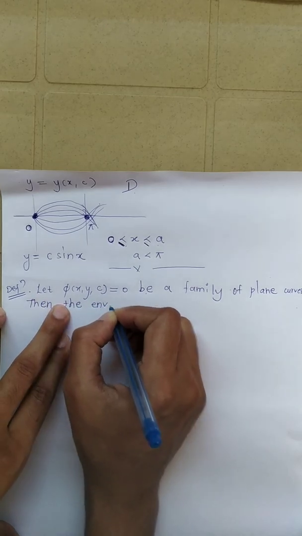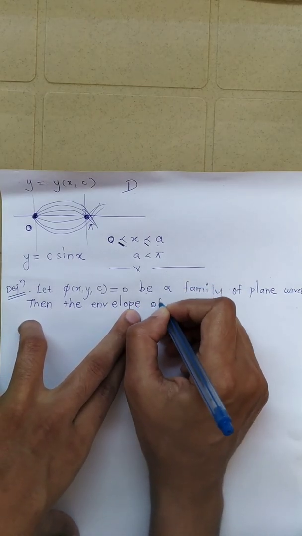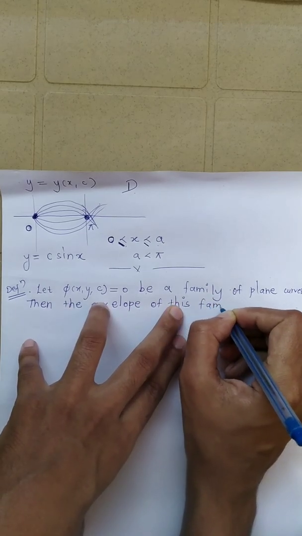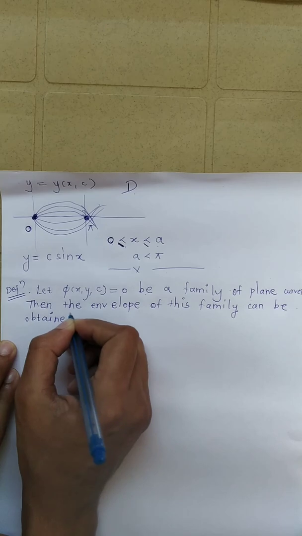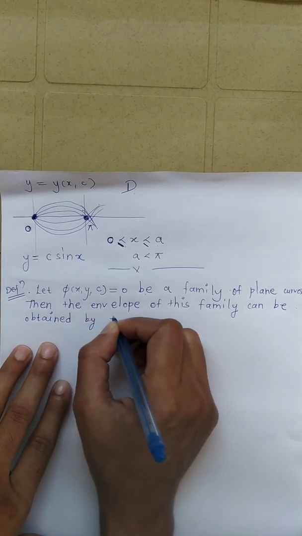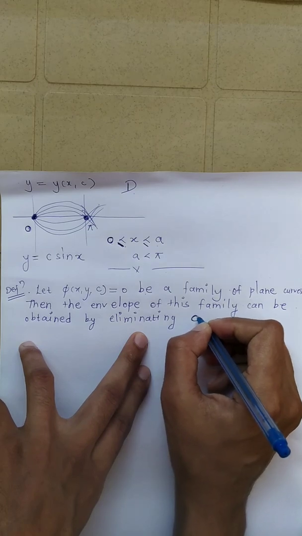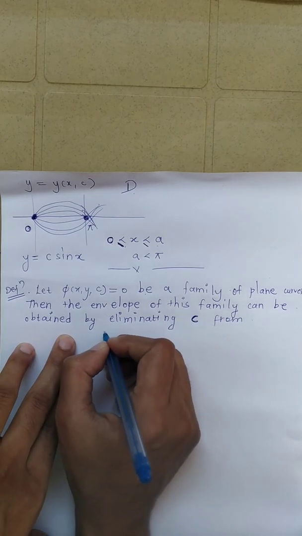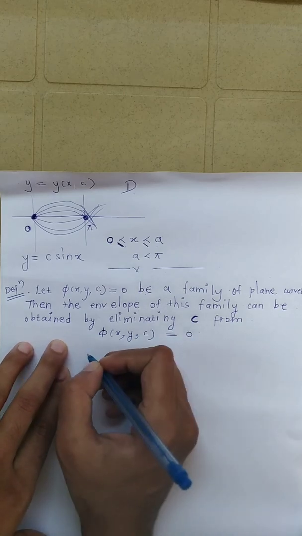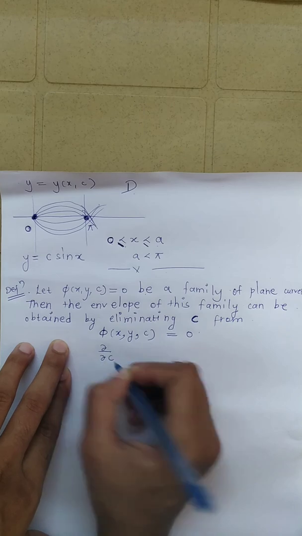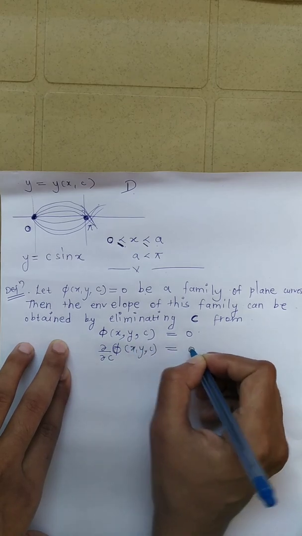Then the envelope of this family can be obtained by eliminating c from phi(x, y, c) equal to 0 and the derivative of phi with respect to c equal to 0.